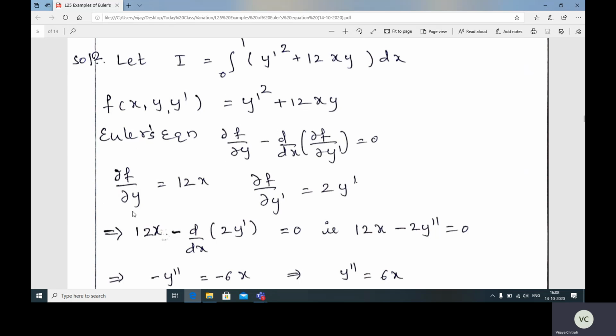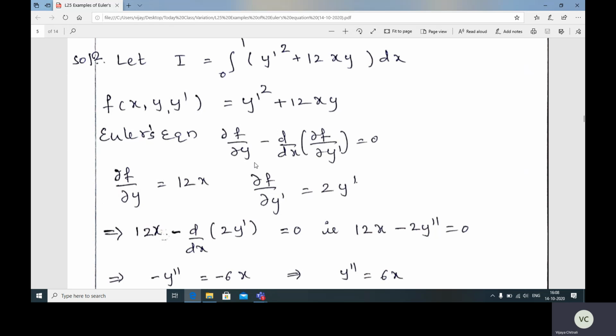So we get dou f by dou y as 12x. Similarly, dou f by dou y dash is obtained by differentiating partially with respect to y dash, keeping x and y as constants. So this is constant, this is constant, so the differentiation of this constant is 0. Y dash raised to 2 with respect to y dash is 2y dash.